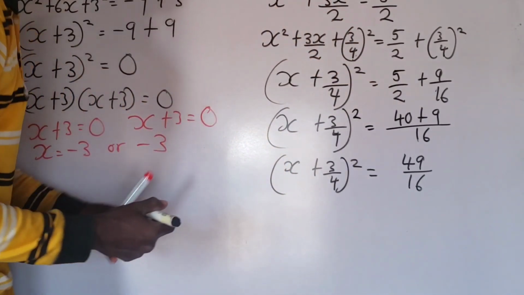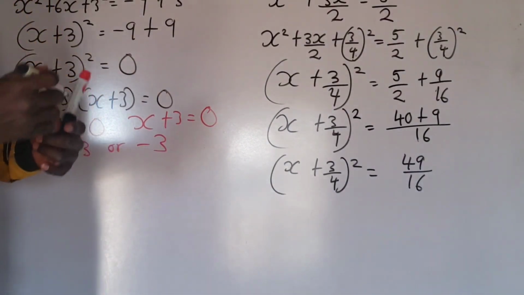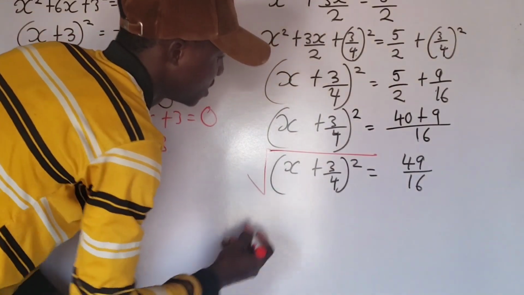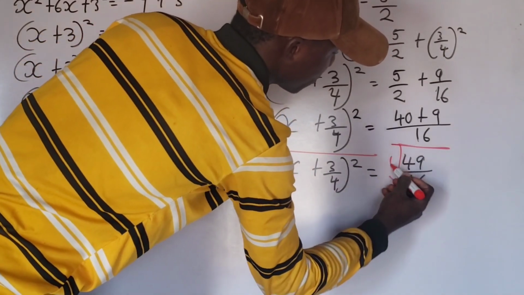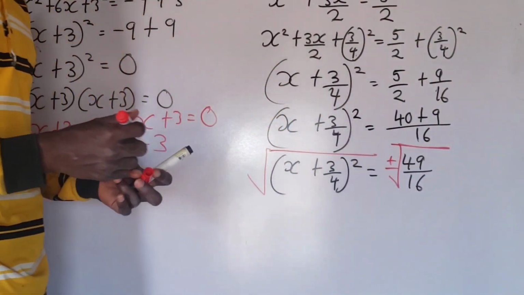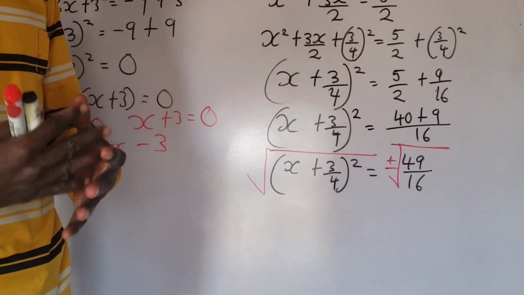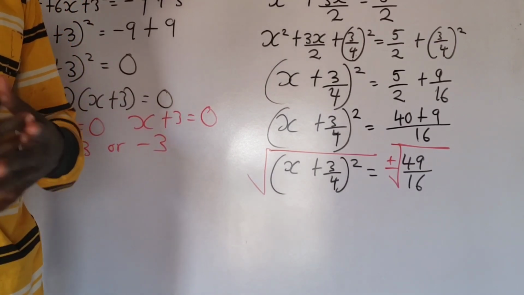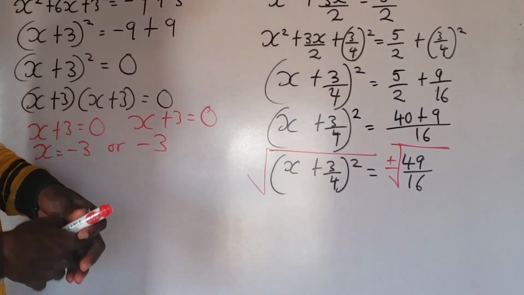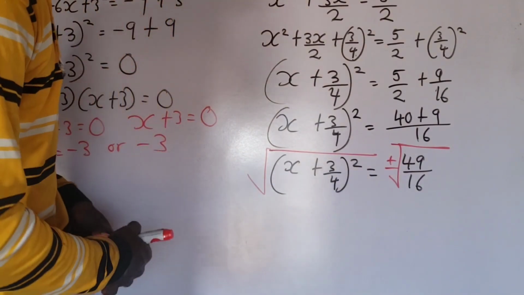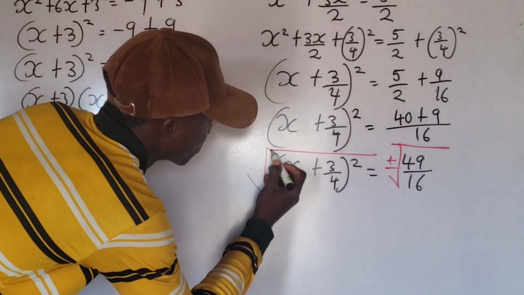Now from this point, I'm going to take the square root of both sides. Taking the square root of both sides, I'm going to have plus or minus, because when you take the square root of a number, you are expecting two results, two answers. That's why I have plus or negative here. Now from this point, this square will cancel this square.